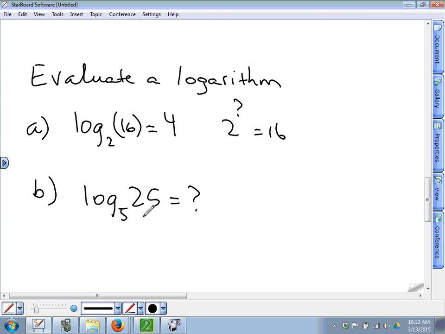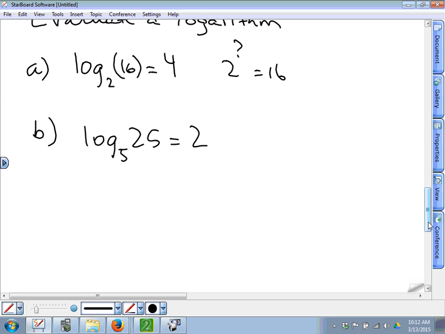What power do you raise 5 to? 5 to what power gives you 25? Well, I'll show you that in a second. These I'm designing to be a little bit easier. But do you understand the question I'm asking? 5 to what power gives you 25? Come on, easy one. So that has to equal 2. So quite often they're just very simple.